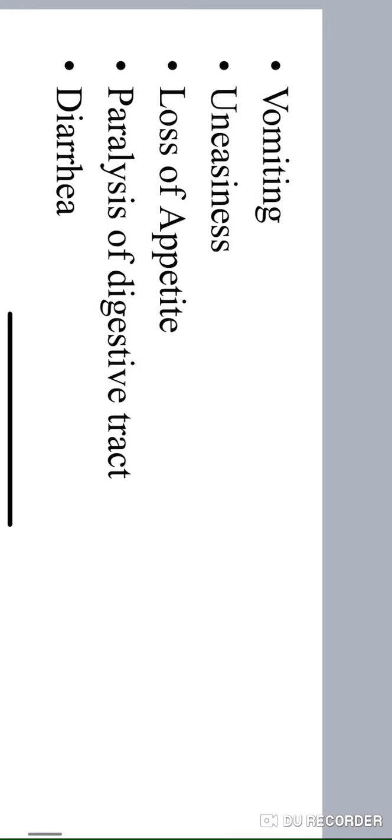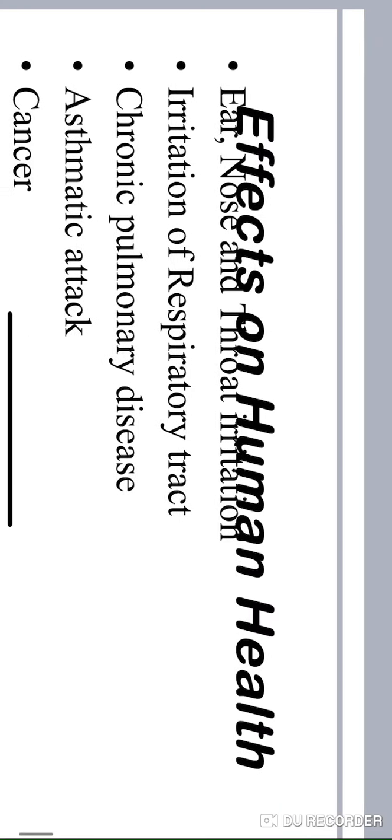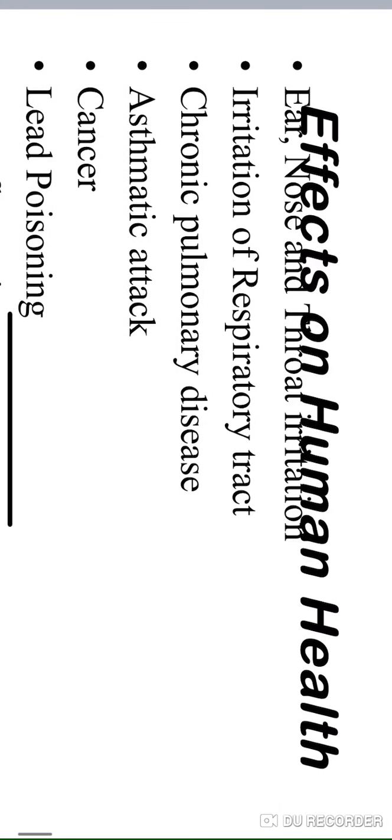Then the effects on animals. Animals are also highly affected by air pollutants, with vomiting, uneasiness, loss of appetite, paralysis of the digestive system, and diarrhea. Then the effects on human health. Many times we face this while dusting our own house: there is an emission of dust, and that creates ear, nose and throat irritation.